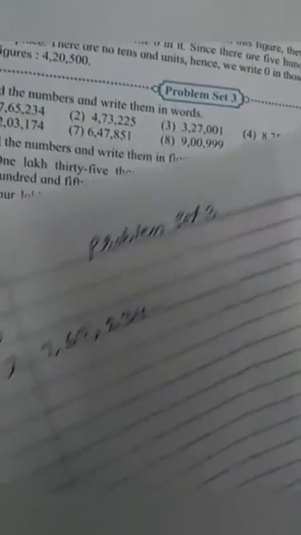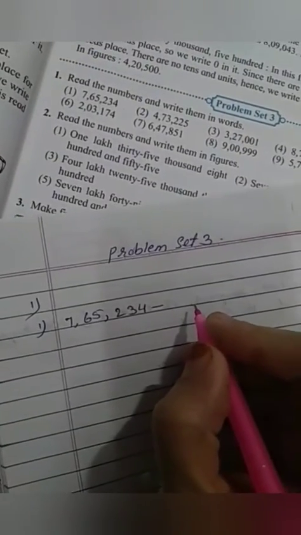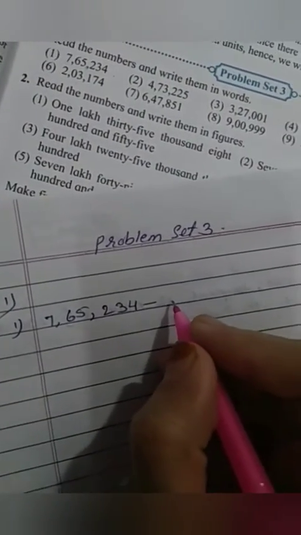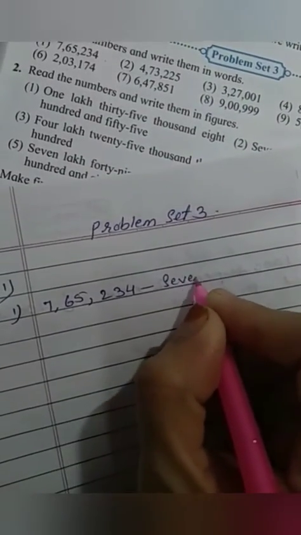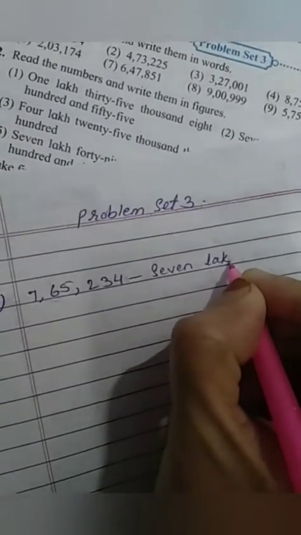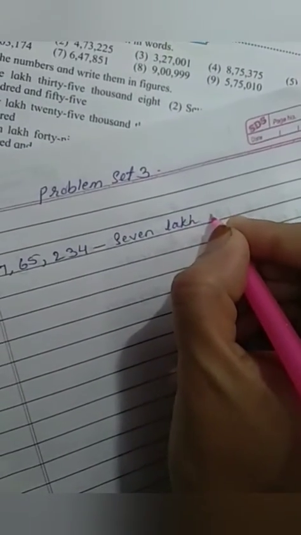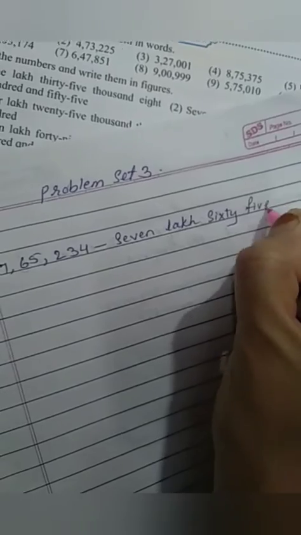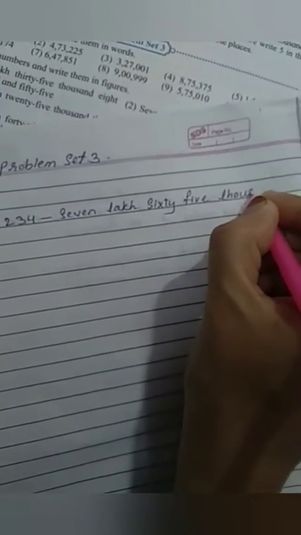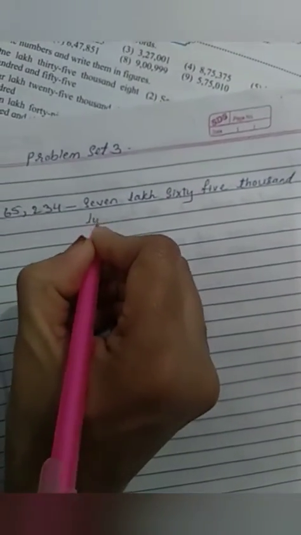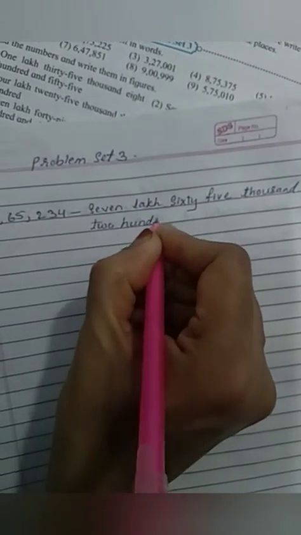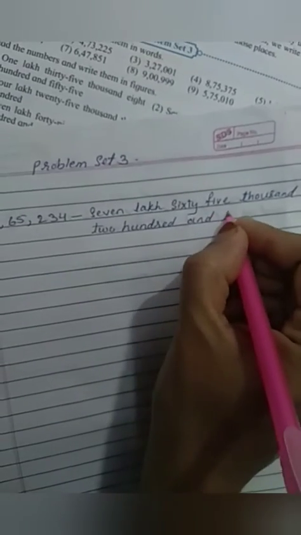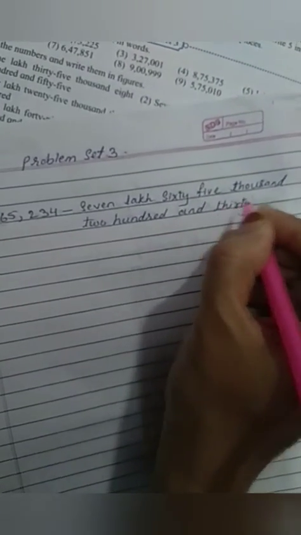See here, I am writing only the first one and you have to do the rest. 7 lakhs 65,000 200 and 34. Got it?